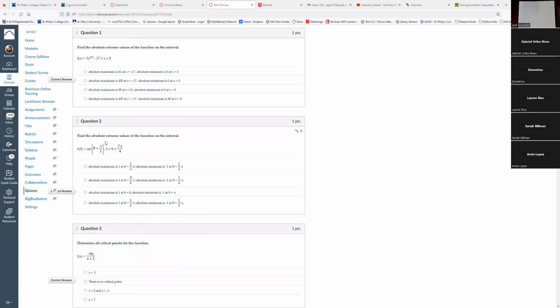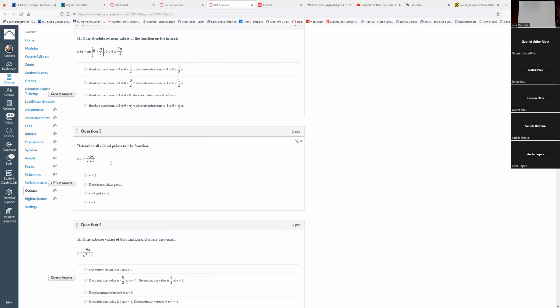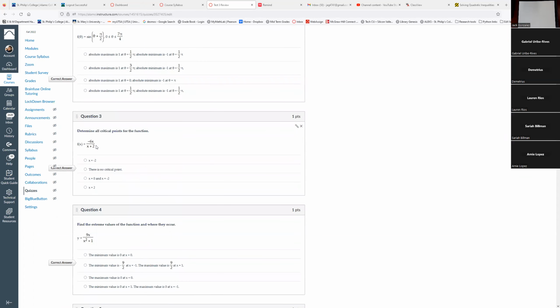Number 2 is the same deal. It's just a sine function instead of a power function. That's the only difference. Number 3 says find critical values. That's all they asked for. So let's do it.